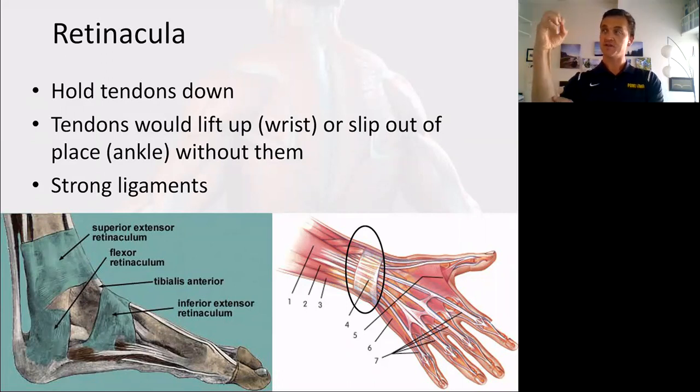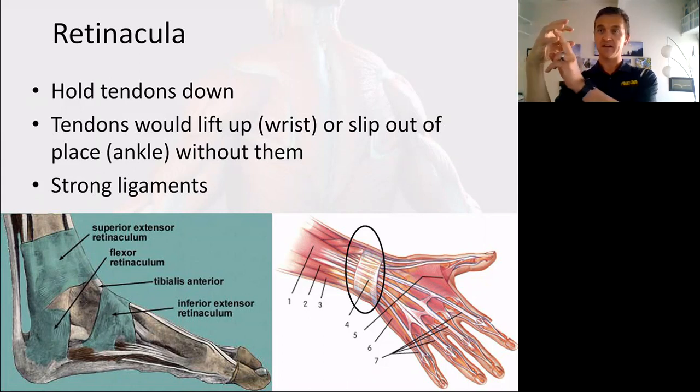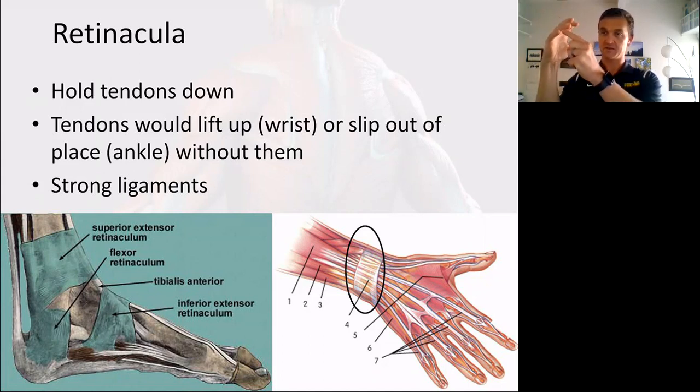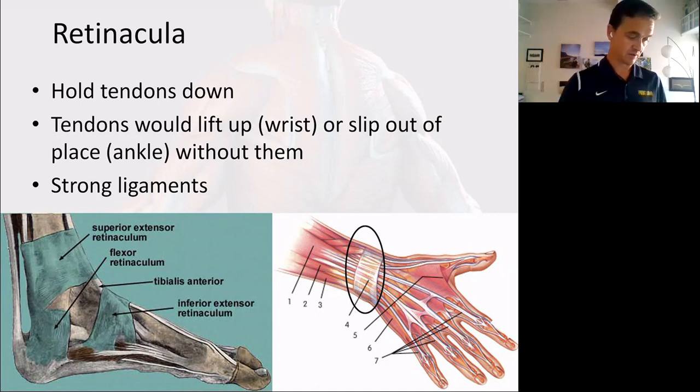When you contract your muscles that squeeze your fingers down like this, right? If we didn't have anything holding the tendons down that go through your hand, then those tendons would come out here, right? They would make a straight line from here to here where that muscle starts, way down at your elbow, okay? So instead we have a little retinacula holding down those tendons at multiple points in the wrist, in the hand, and the fingers, and those retinacula are doing just that. They're helping us hold down tendons.